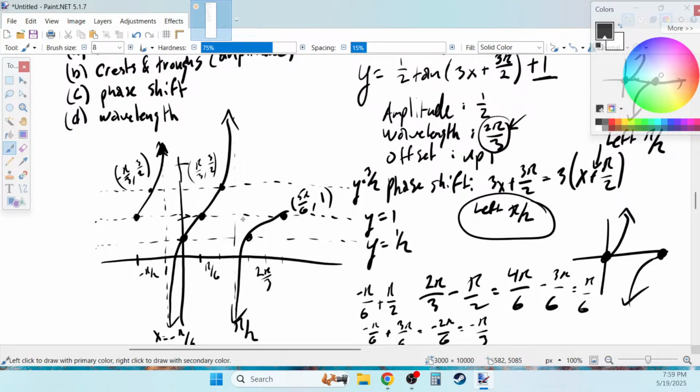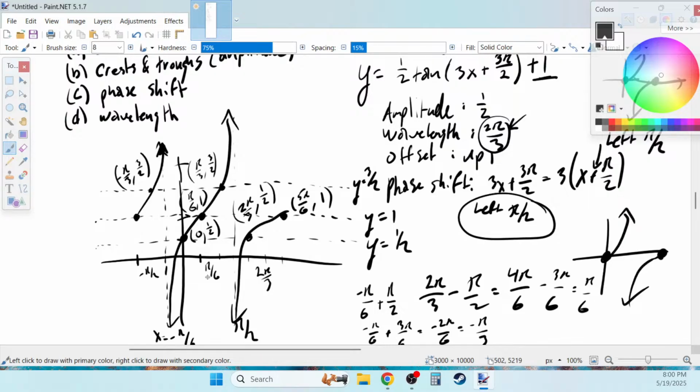And now we have 2 full wavelengths. Label everything. This is 0, 1. I think that we have now labeled most of our points.